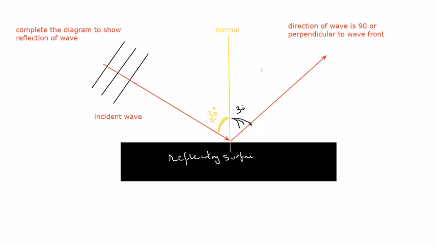So wavefronts are always perpendicular to the direction of the wave. And during reflection, this is called a reflected wave. And during reflection, only the direction of the wave changes.